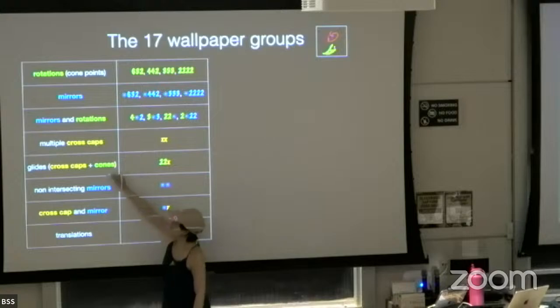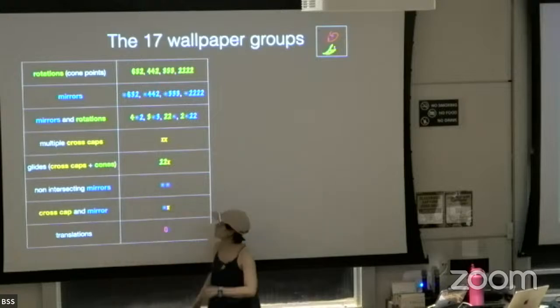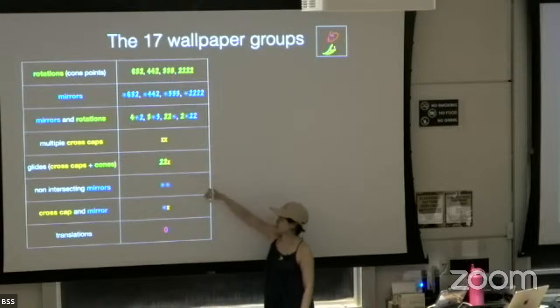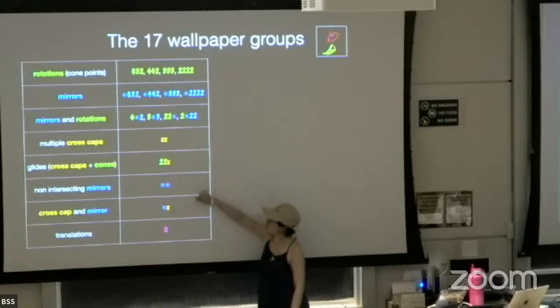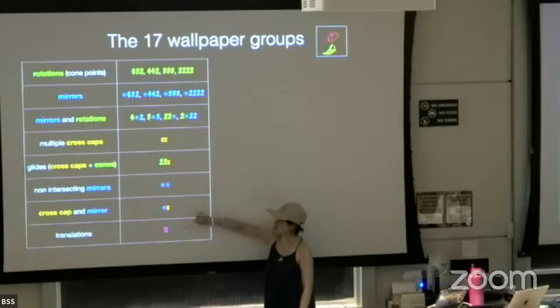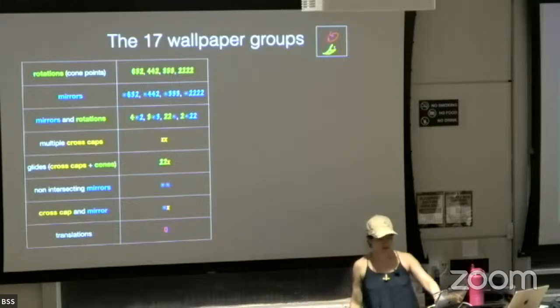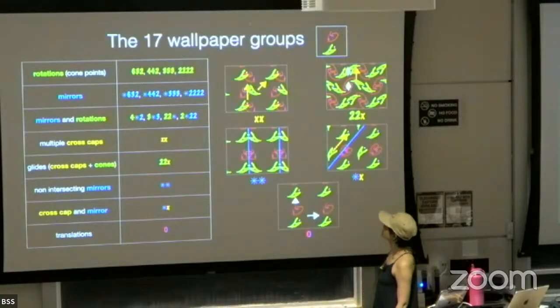Sorry, the parenthesis is supposed to go after the cross cap, not after the cone. You can have non-intersecting mirrors. You can have a cross cap and a mirror. That's the glide that we showed with the G-shaped one, and then translations are the torus. These are slightly different versions.